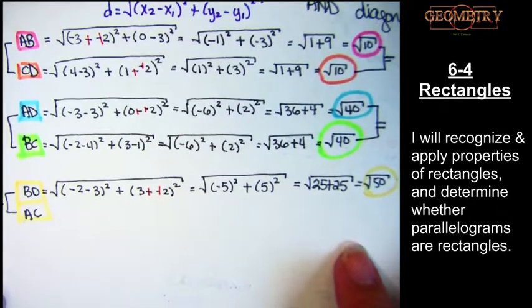Okay. So now I'm looking at the last one. If the last one turns out to be square root 50, this thing's a rectangle.